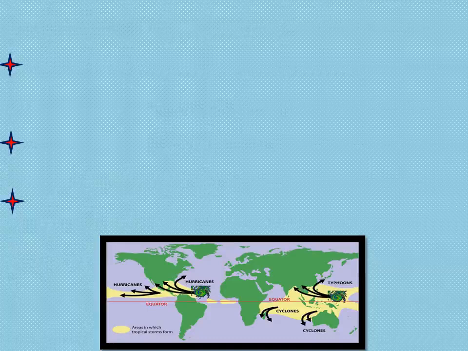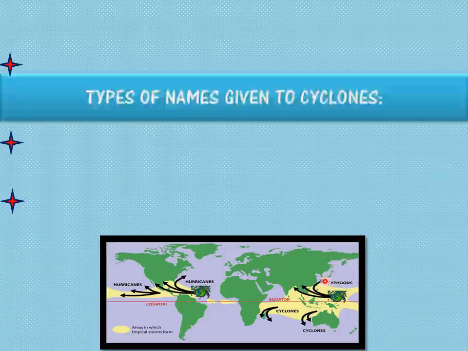Like the storms over the Indian Ocean, they are called what, children? They are called cyclones. See here in the picture. Whereas the same high speed storms with heavy showers of rain, what are they called, children?